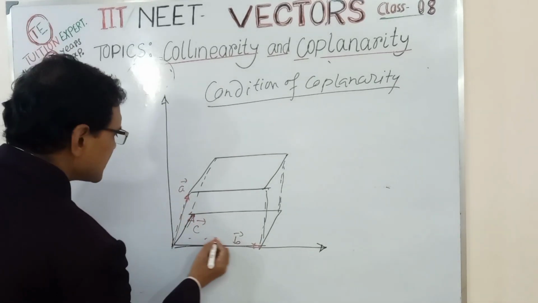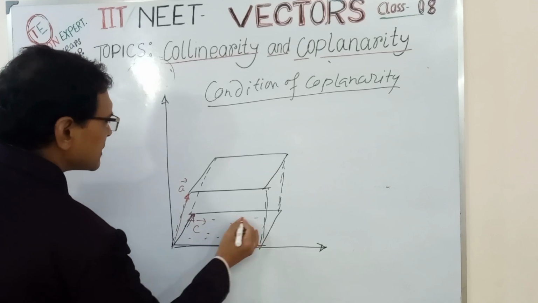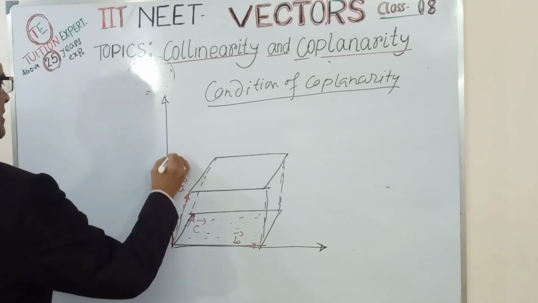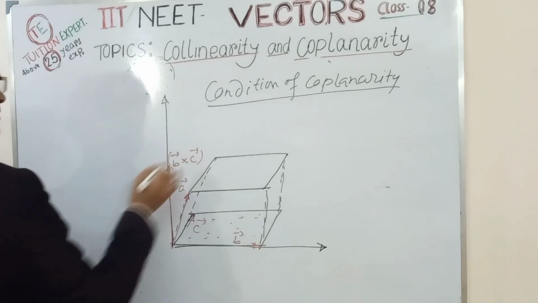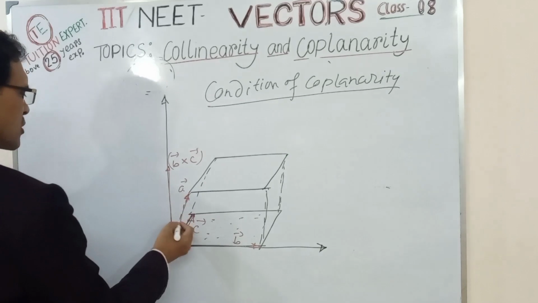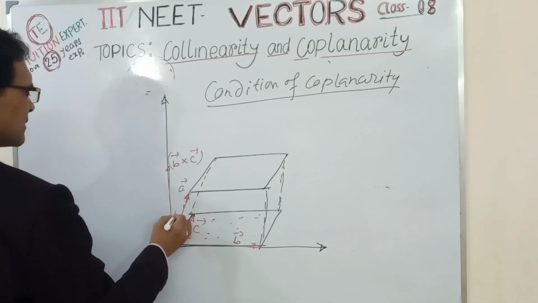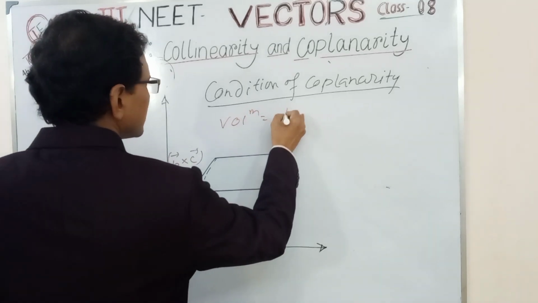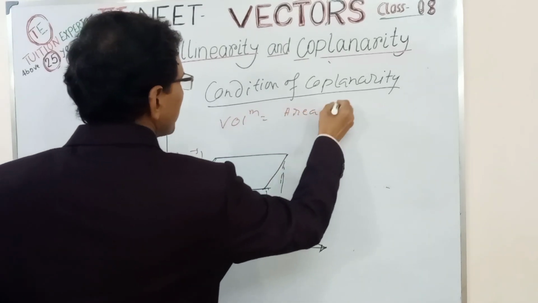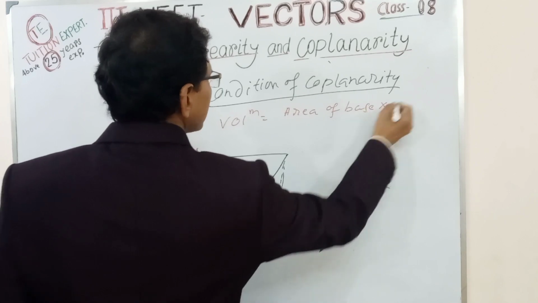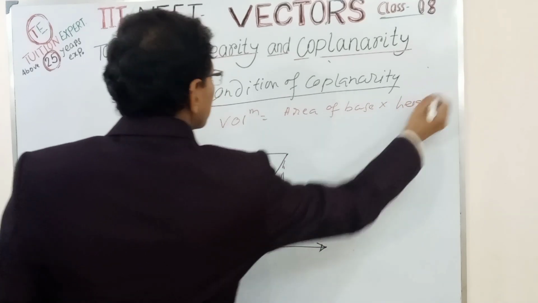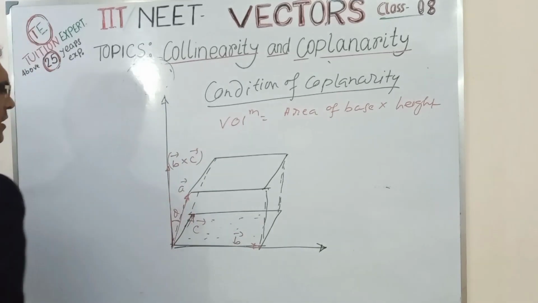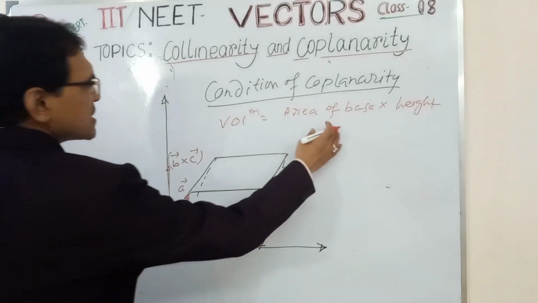Now B and C lie in this plane. So B cross C represents the vector normal to this plane, and the angle between B cross C and A, suppose this is theta. We know the volume of any parallelepiped is equal to the area of base into height.